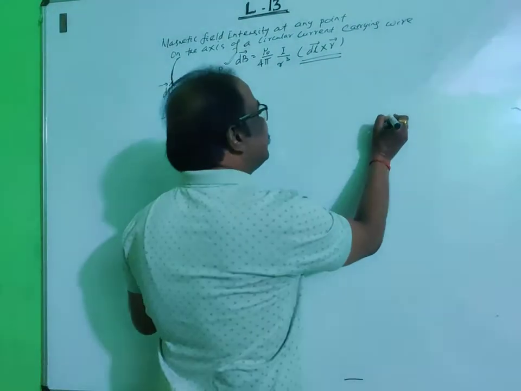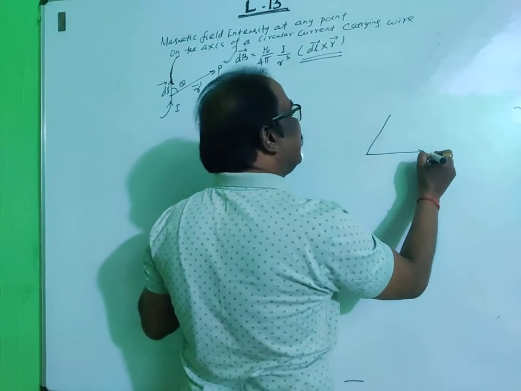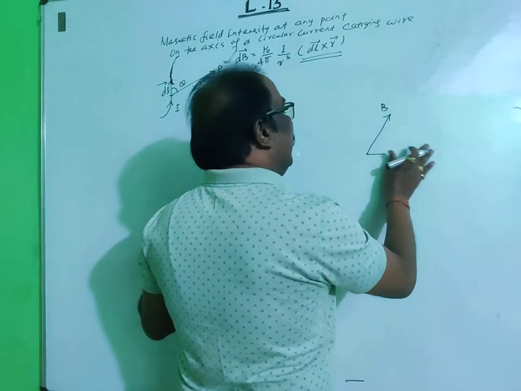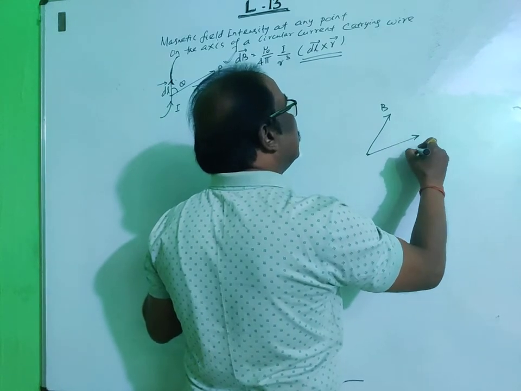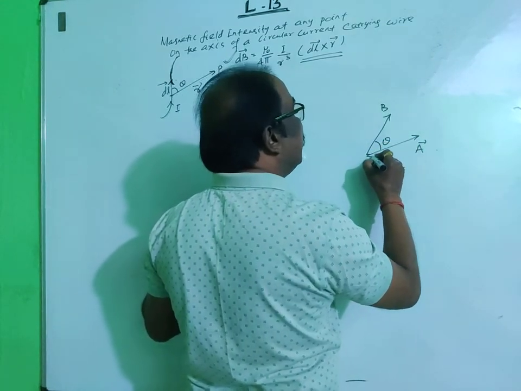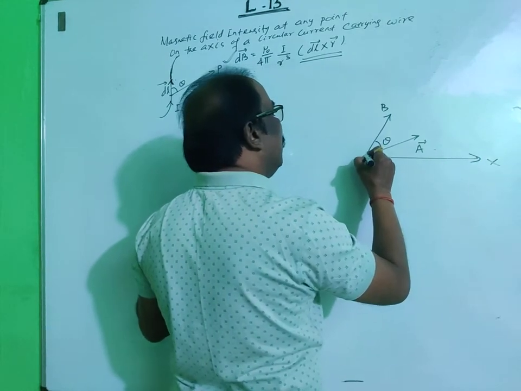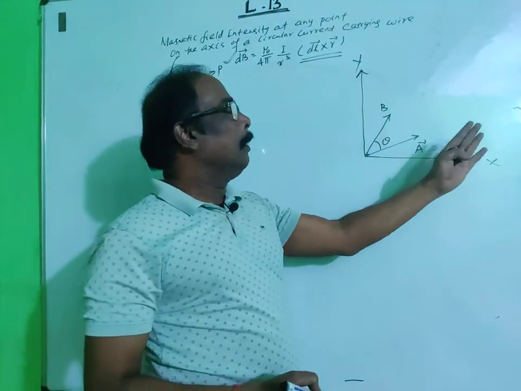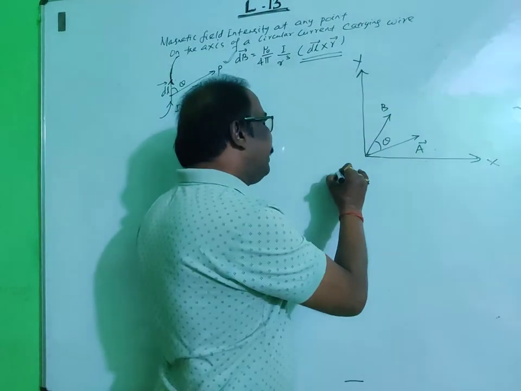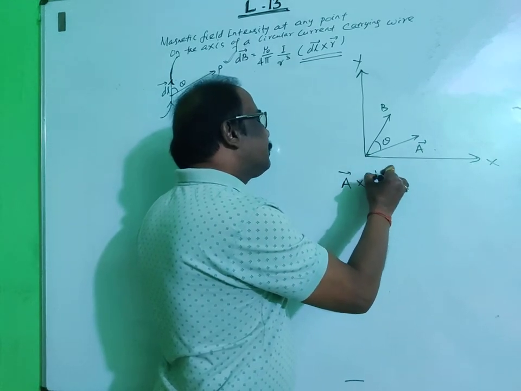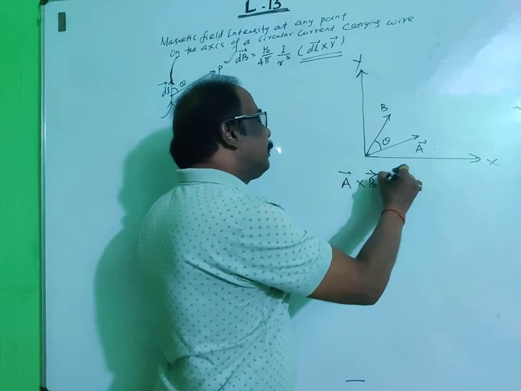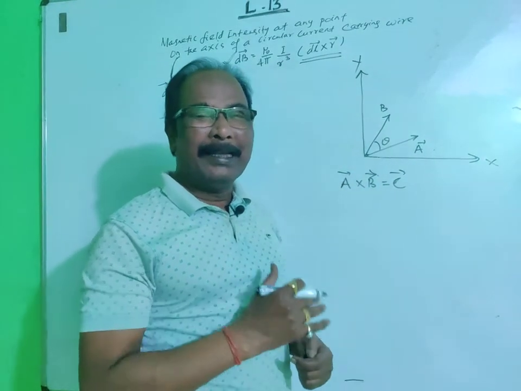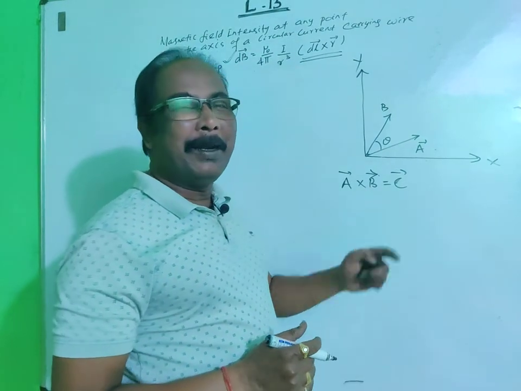And you know, suppose this is A vector and this is B vector. Any direction you may take, and the angle between them is theta. A and B are taken on the xy plane. The result of A cross B is C vector, A cross B is equal to C. Then what is the direction of C vector, meaning the direction of A cross B?